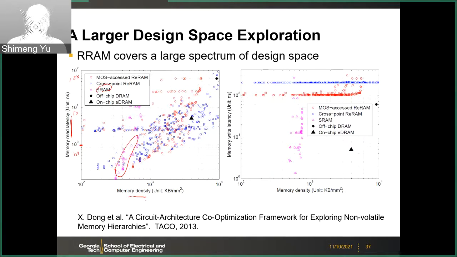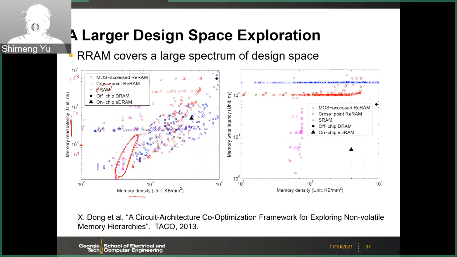And the memory density, of course, as the same technology node, SRAM will have lower density, right? Each cell is larger. So the SRAM is in this range. And then RRAM, the two flavors of RRAM, 1T1R or cross point, but mostly they will have larger read latency, like here, tenths of nanoseconds. So as some of you pointed out, RRAM is not good for cache, right?